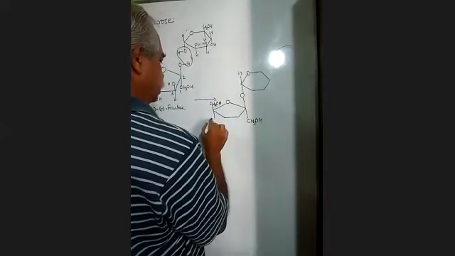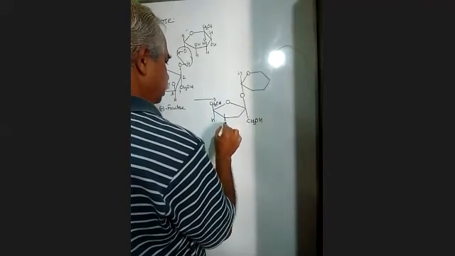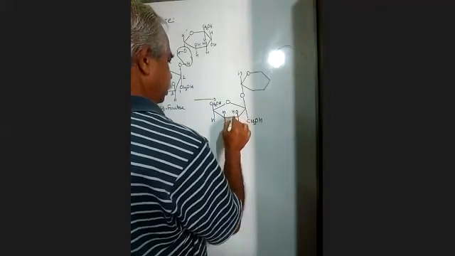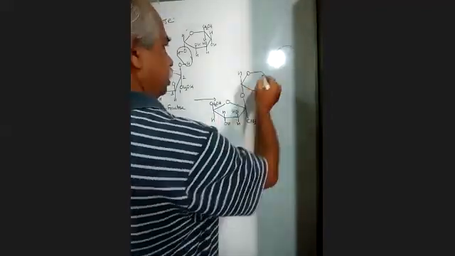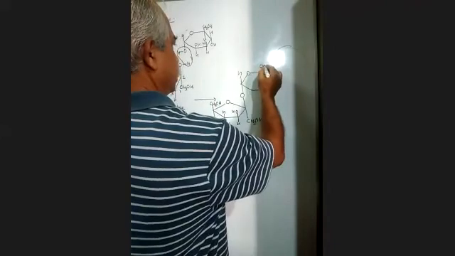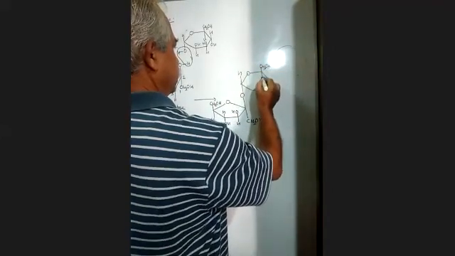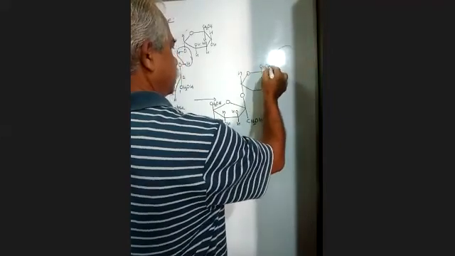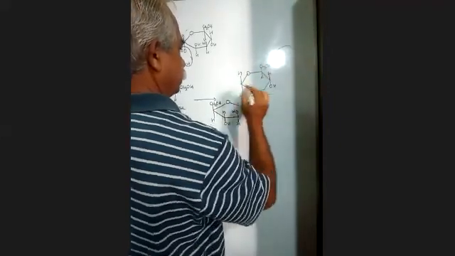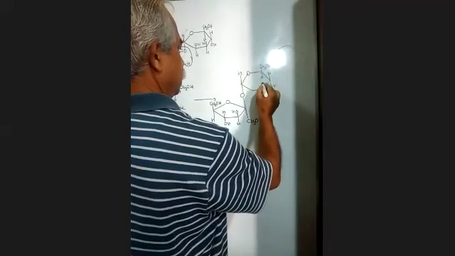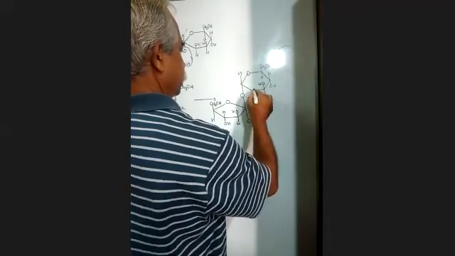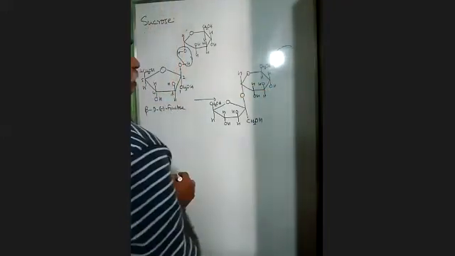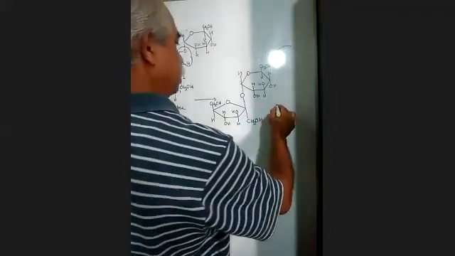So this is this. Then I write this one, CH2OH. Okay, so this is the structure of sucrose.